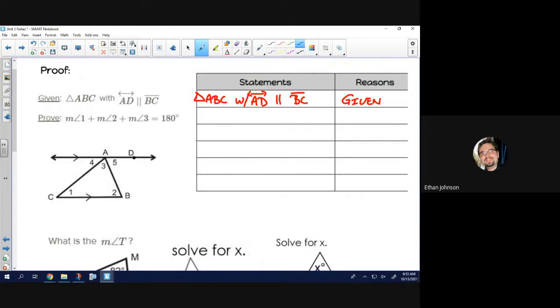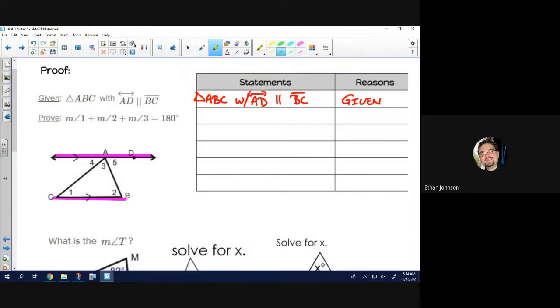Because we said parallel, we have those relationships that we talked about in the last unit. So those 2 lines, or line segments, are parallel.